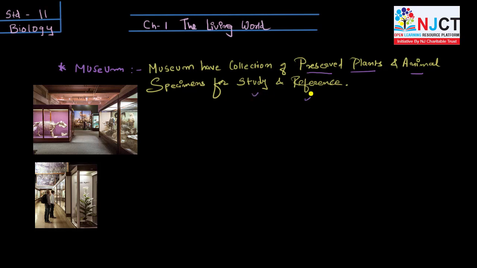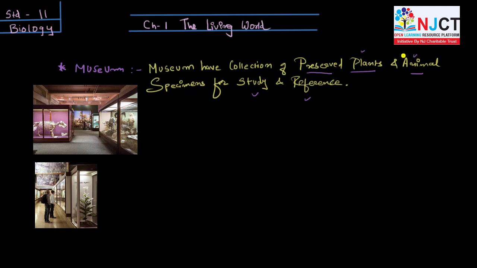Of course, now we know why we are storing these animals and plants: for study purposes. If in future any student wants to research or study them, or if someone wants to find something for reference, they can. So a museum has a collection of preserved plants and animals.